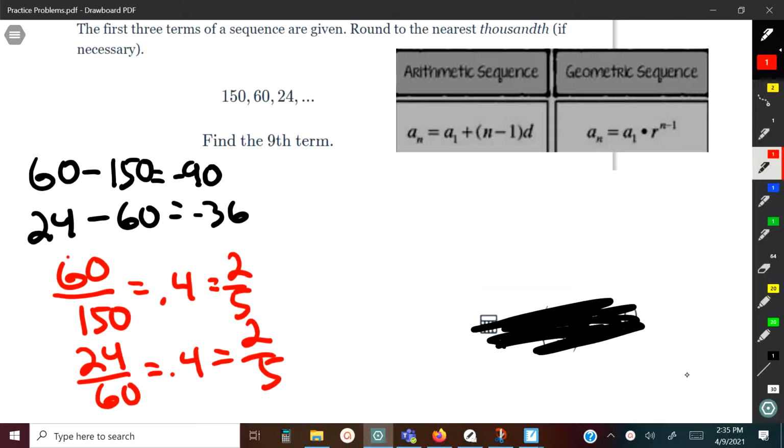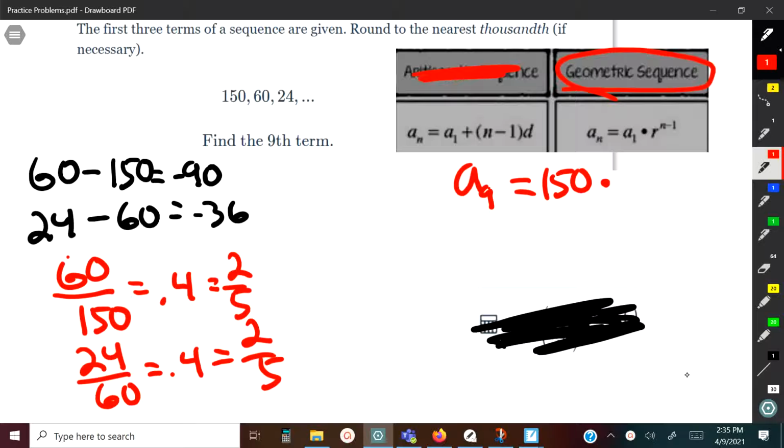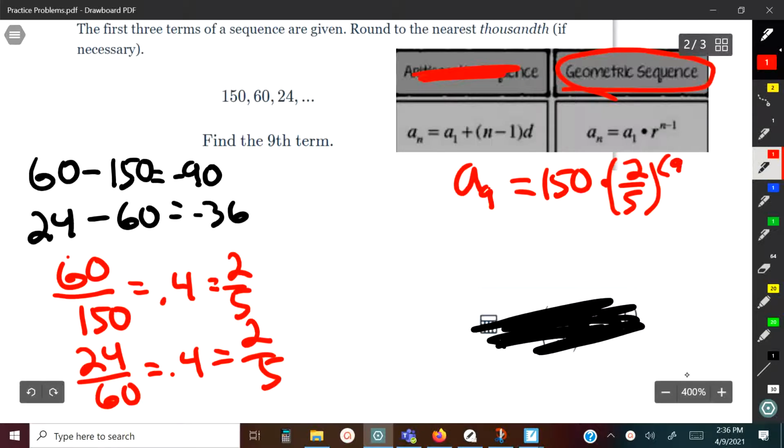Alright, so now we're going to go ahead, and since we're not using arithmetic, we're using geometric. And we'll plug it into that formula here. So we've got a sub 9, the 9th term, is equal to the first term, 150, times r, which is our common ratio. And you could put 0.4 or 2 over 5, either one. I'm just going to put 2 over 5 here. And you raise it to the n, 9 minus 1.